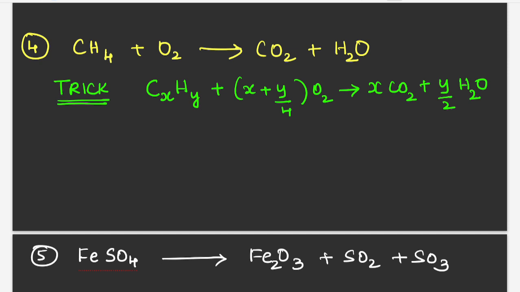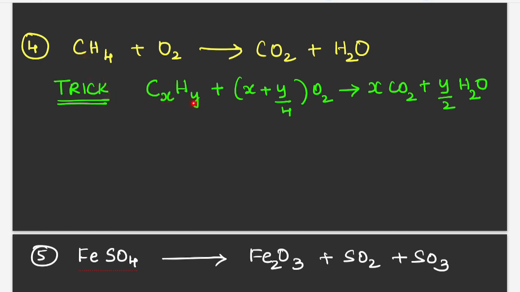To balance carbon dioxide, I have to write here x. What is x? The number which is present with carbon, that is x. Here if there is no number, it is understood that it is 1. Suppose if 2 was there, the x value will be 2.